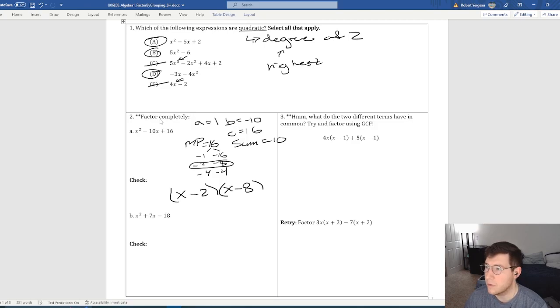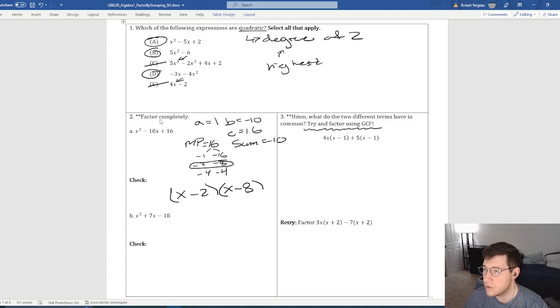All right, and so I actually want to shift our attention over to number 3 now. If we take a look at number 3, it says to try and factor this using our GCF. What I want to just really highlight here is, what do these have in common, right? When we think of GCF, we always think of, okay, write down the factors of the terms, see what they all share.